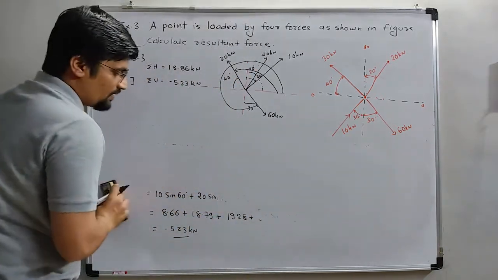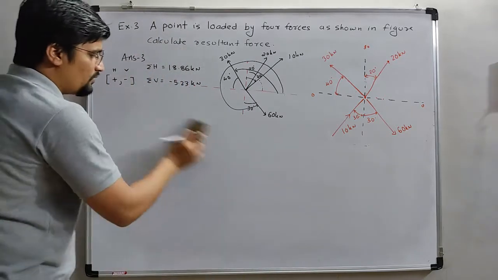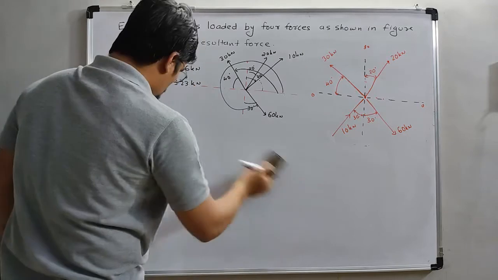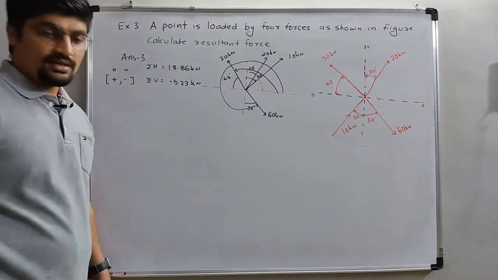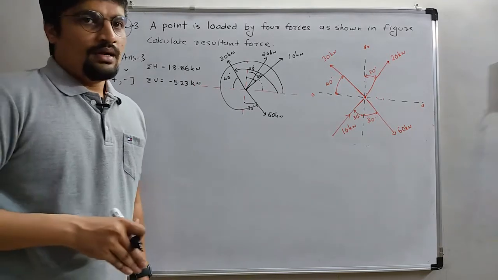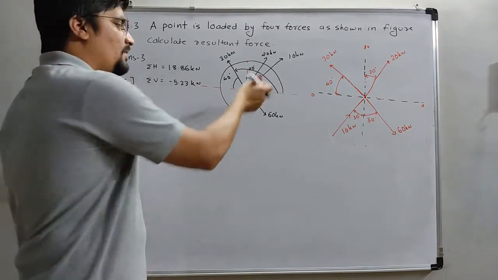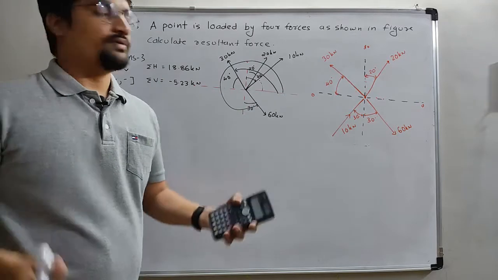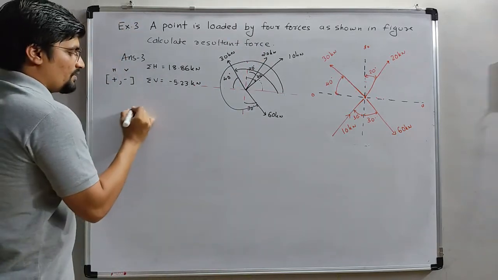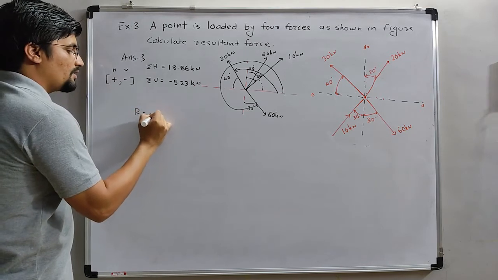This is a very simple example, and in resolution of forces all we need to take care about is which method we are using, and by my choice this method is the easiest method for solving the resolution. Okay.